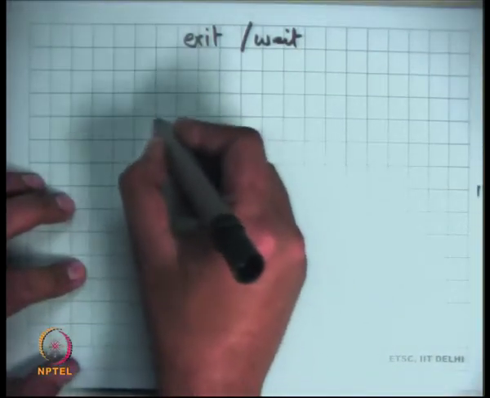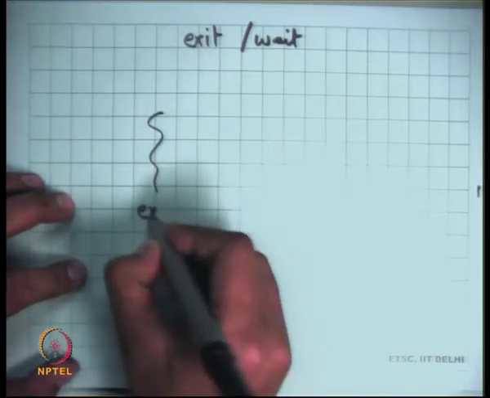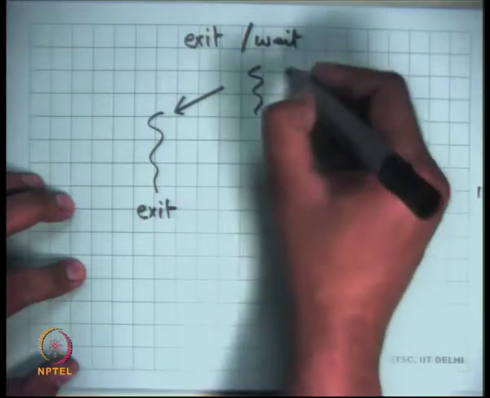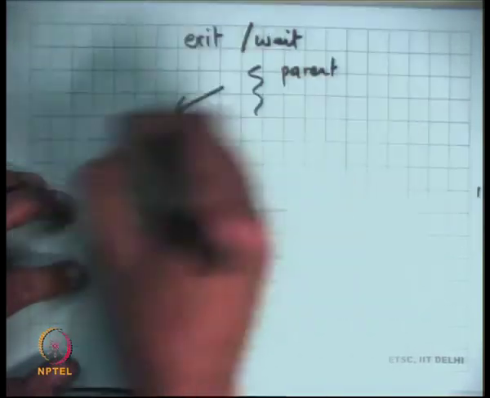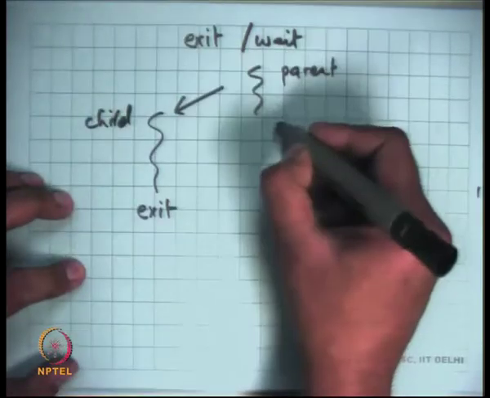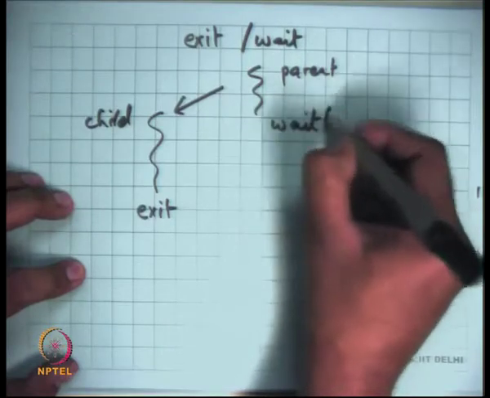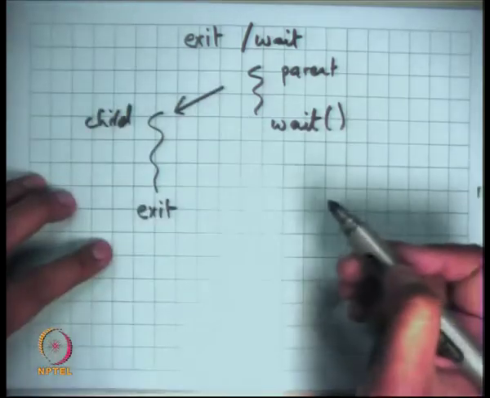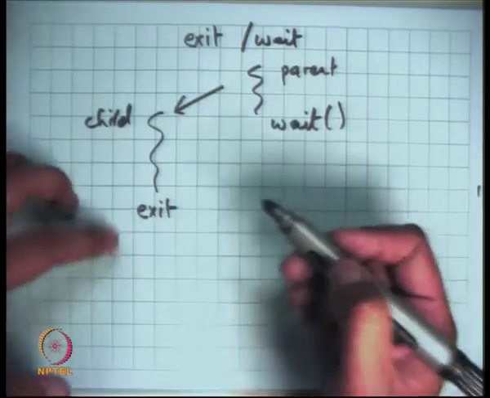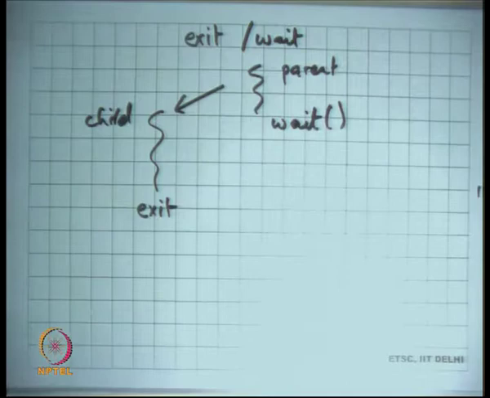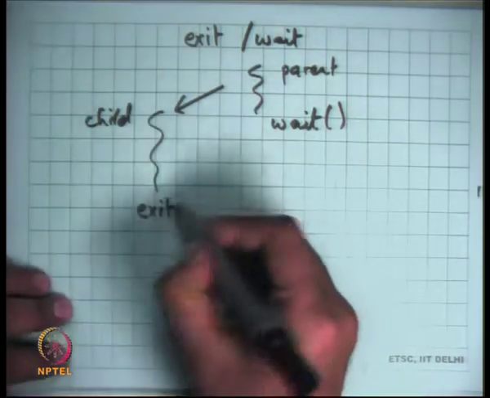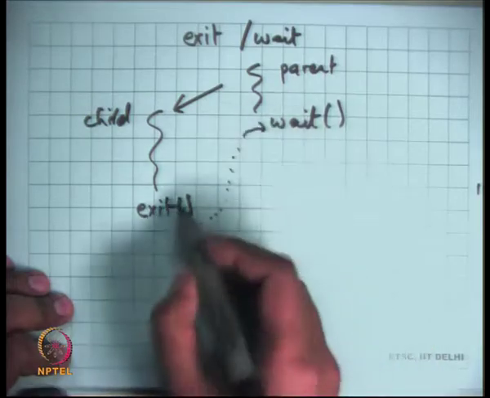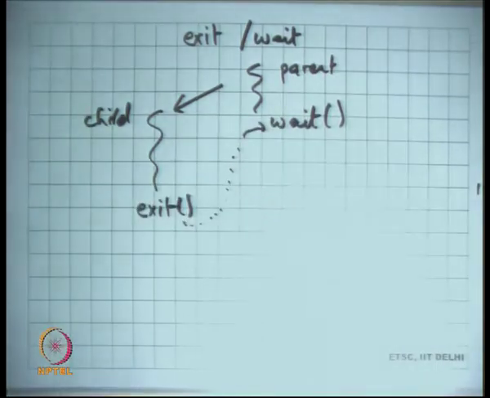So let's say this is a process that calls exit, and here's a parent process. So parent, child. If a parent calls wait, then the wait will never return till one of its children exits, right. So the semantics of wait is that it's going to wait till one of the children has exited. So the dependency is that you will come out of it only after the child has called exit, right.